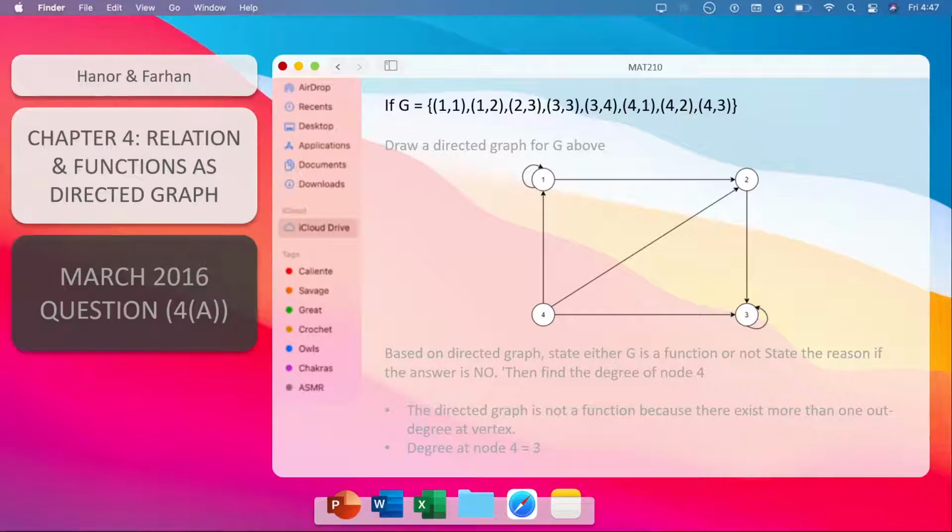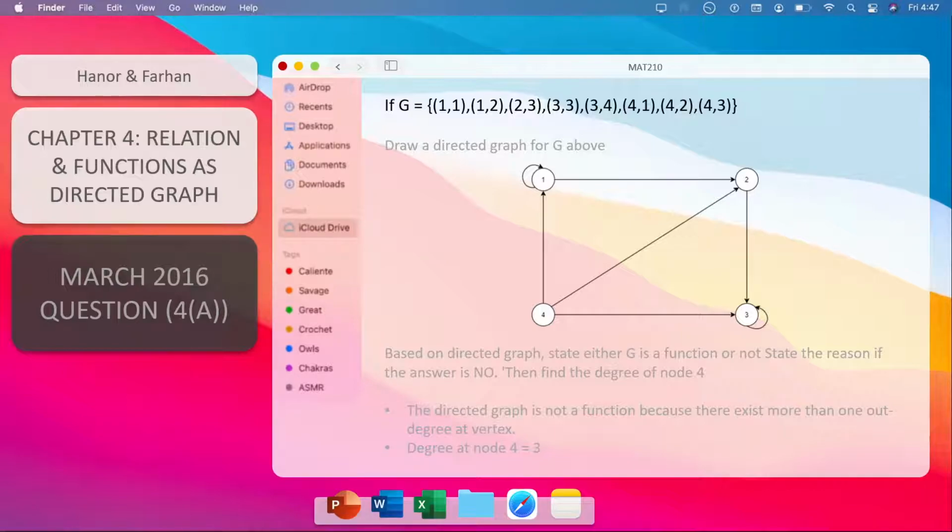Let's say not 4 has another arrow which reflects to itself, so it counts as 2 degree, because there exists an in degree from 4 and also an out degree to 4.